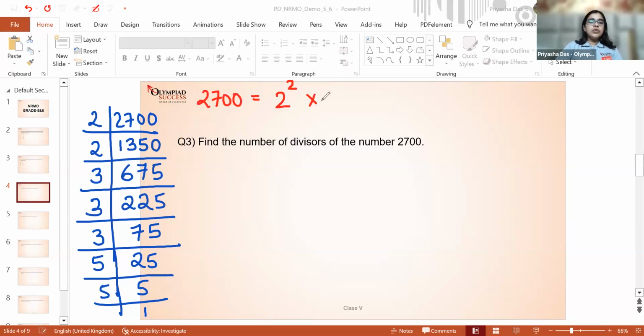Two to the power 2, 3 to the power 3, 5 to the power 2.